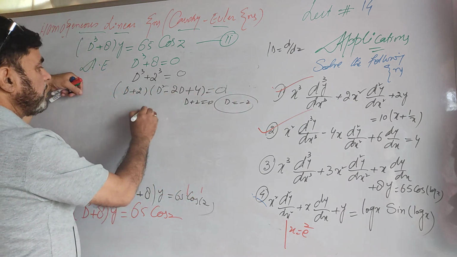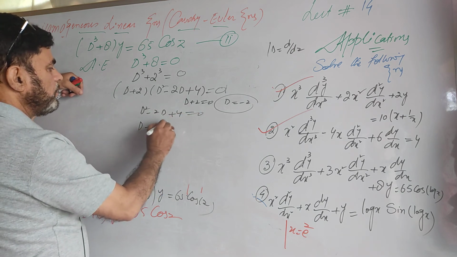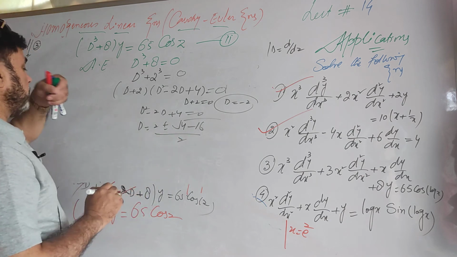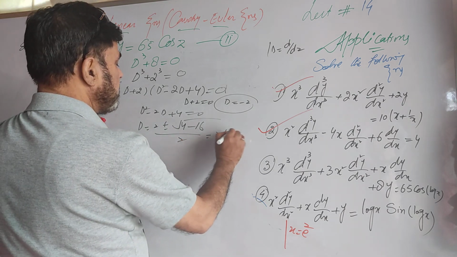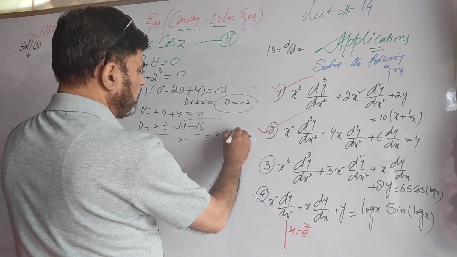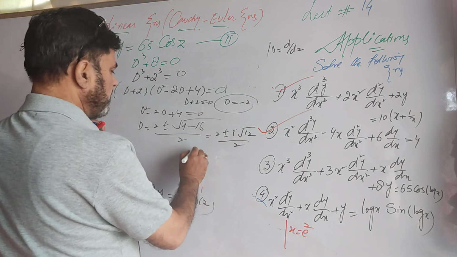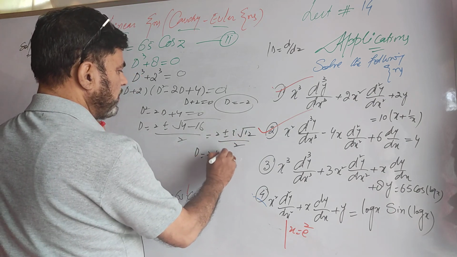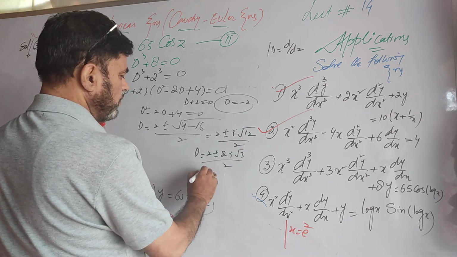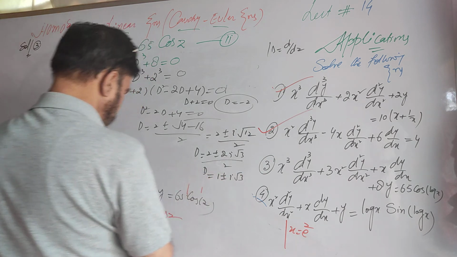Then D square minus 2D plus 4 is 0. This gives D is equal to 2 plus minus under root of 4 minus 16, by 2. This is 2 plus minus under root of minus 12, that is iota root 12, by 2. It is D is equal to 2 plus minus 2 iota root 3 by 2, because it is 4 into 3, by 2, 2 goes. D is 1 plus minus iota root 3.